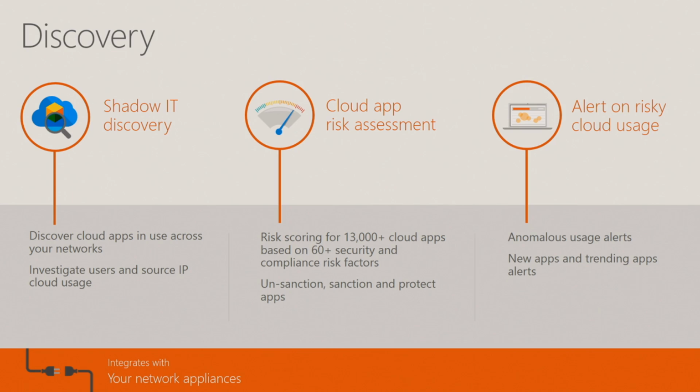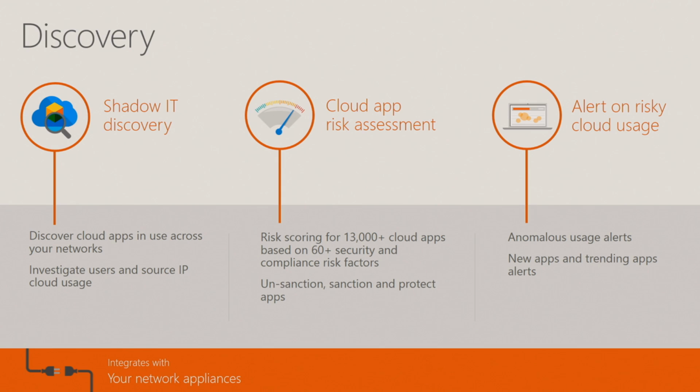If you take even 10 minutes to investigate each one of the average of 700 apps that we find in an average organization, it will take you an eternity. What Cloud App Security does, we have a team of cloud analysts that is continuously analyzing and continuing to expand the Cloud App catalog that we have. And this is now at your hands as soon as you have Cloud App Security.